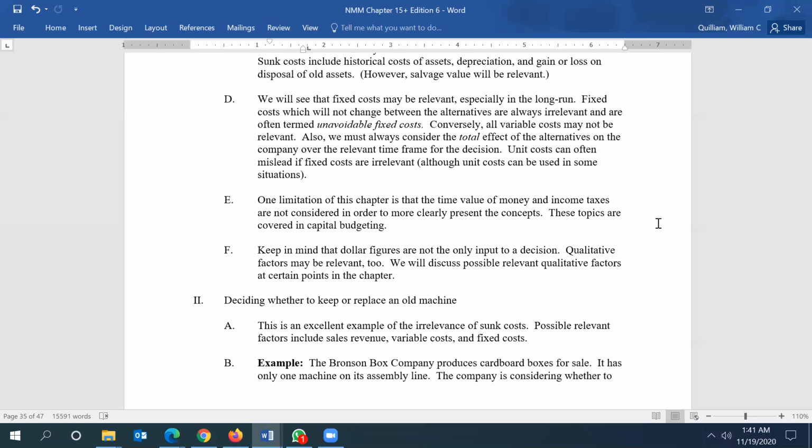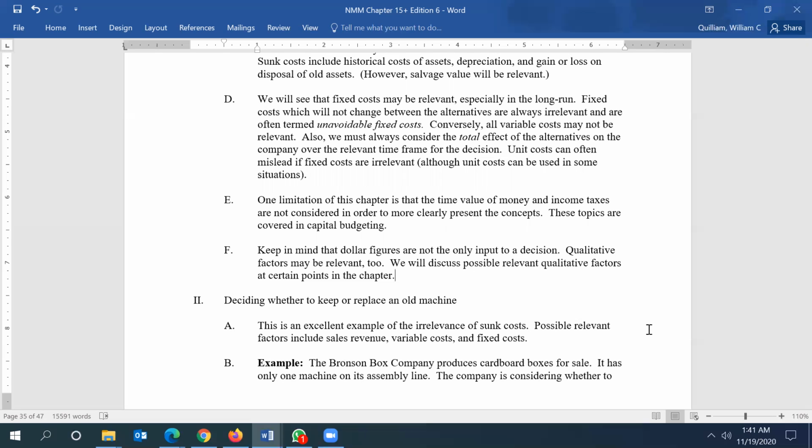These topics are covered in the next chapter, which is about long-run decisions for capital budgeting, how we budget spending capital or money, and we'll see some different types of decisions there. Well, keep in mind that dollar figures are not the only input to a decision.